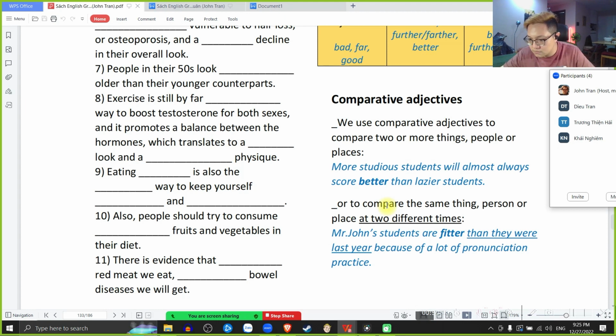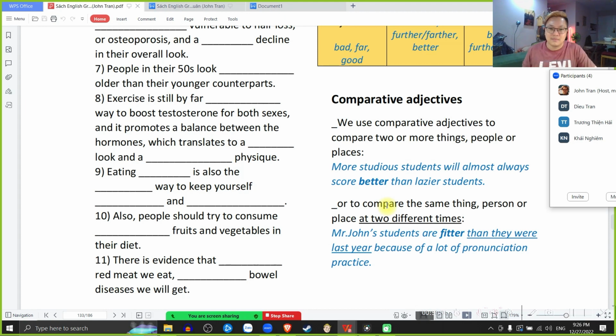More studious students will almost always do better than lazier students. We also use comparatives to compare the same thing, person or place at two different times.